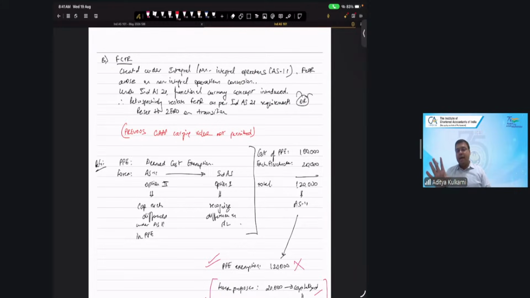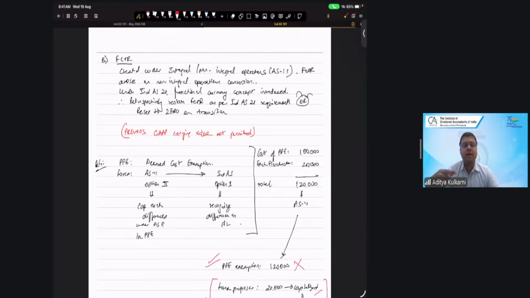Taking the previous GAAP carrying value is not allowed. Previous GAAP carrying value was as per AS11 requirements. So again, understand the principle. Previous sins are not allowed in this particular case. Why? Because this is an ongoing activity.